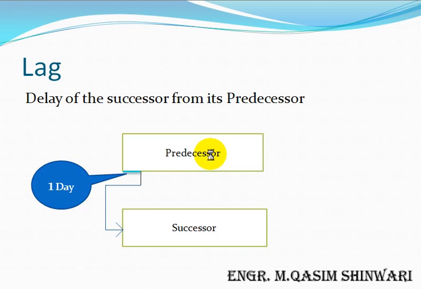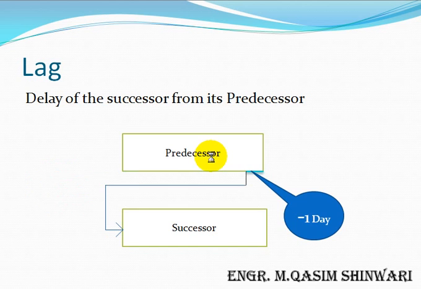But if we want to give a lag of 1 day just before the predecessor ends, as in this case you can see that 1 day before ending the predecessor, the successor will start, then we will enter the value of lag as negative. As here it is shown, it's highlighting -1 day.